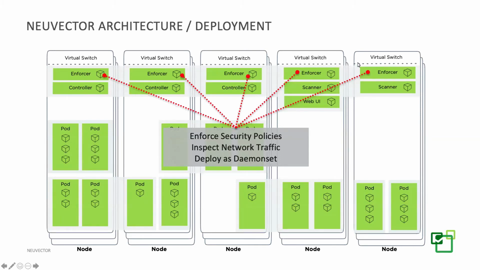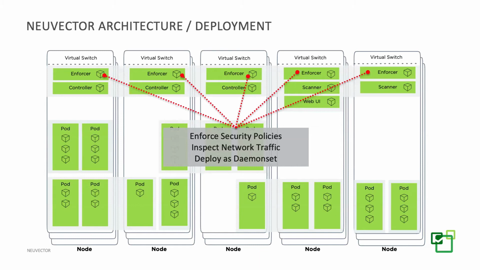This is not a sidecar. Sidecars are too heavyweight. If you have 1,000 containers, you're going to require 1,000 sidecars. That's very heavyweight. Now, you may be aware, Istio, which is a service mesh on top of this, requires a sidecar. And that sidecar is going to run in every pod. And it can, for example, encrypt the traffic going out of that pod.